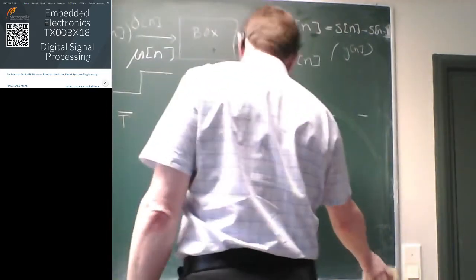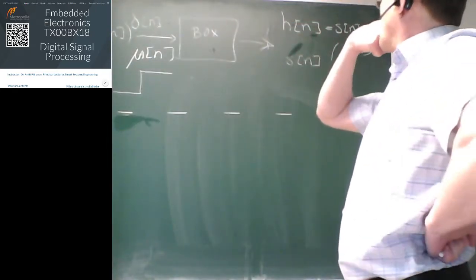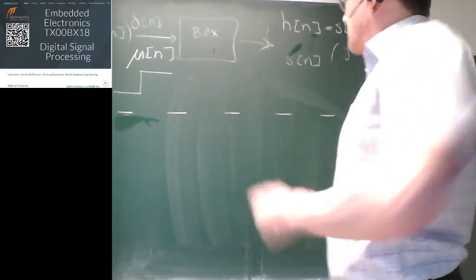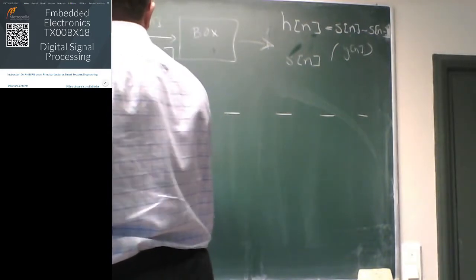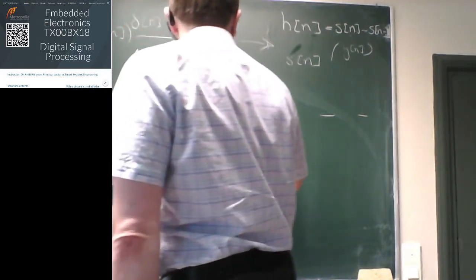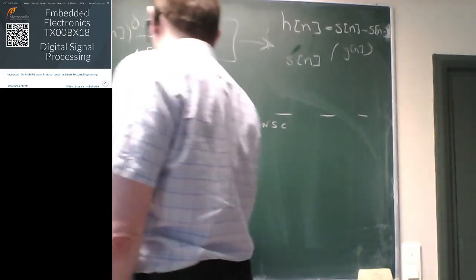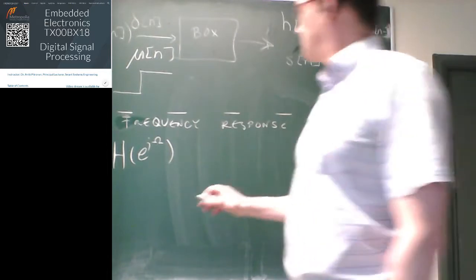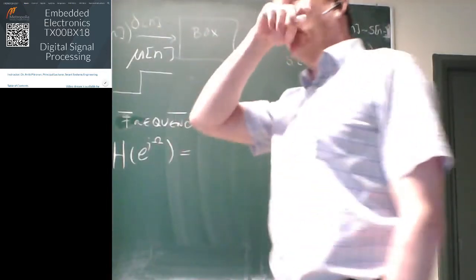The frequency response is the same as evaluating the transfer function on the unit circle. That's the frequency response, which can be divided into 2 parts.